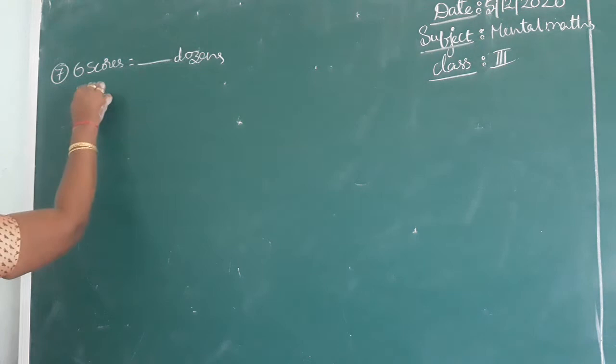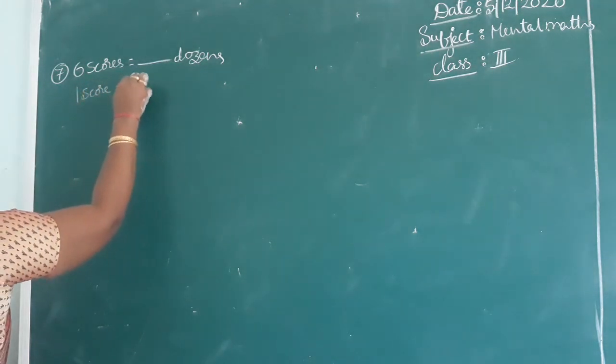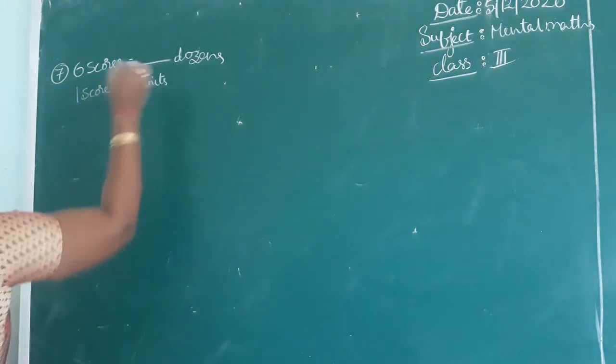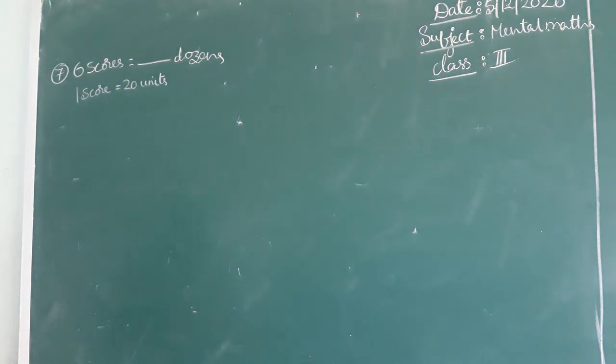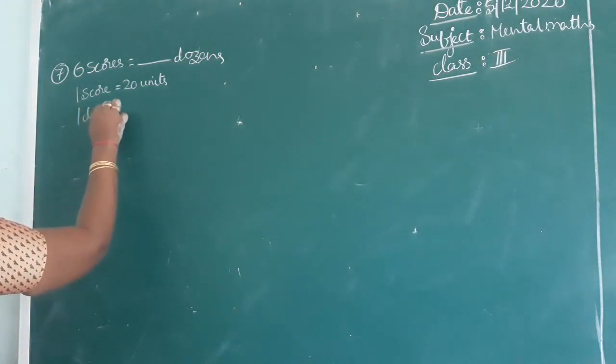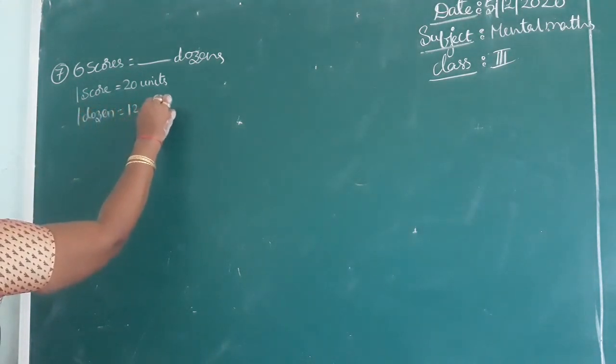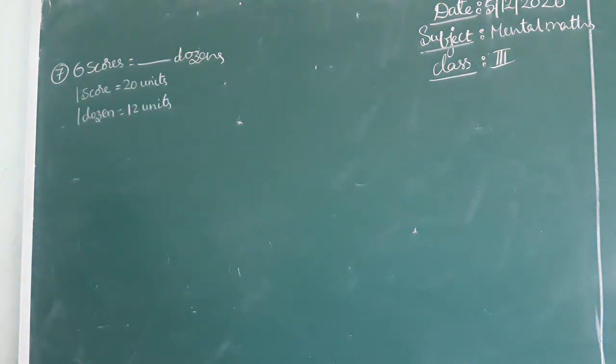Listen, 1 score equal to how many units, children? 20 units. How many dozens are there in 6 scores they are asking? Dozen means how many units? 1 dozen equal to 12 units.